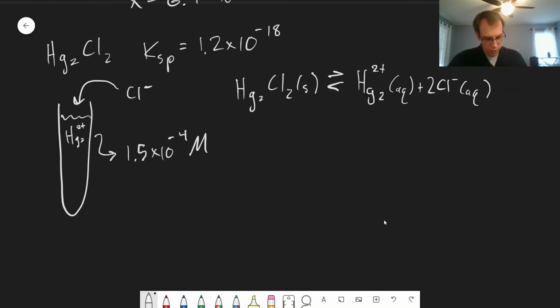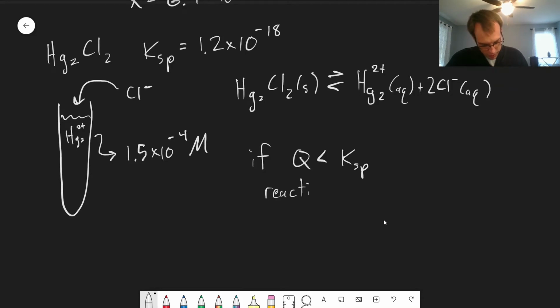Now, when we have sufficiently low concentrations of mercury and chloride, we will be below KSP. We can think about this in terms of Q and KSP. If Q is less than KSP, then our reaction will proceed to the right.